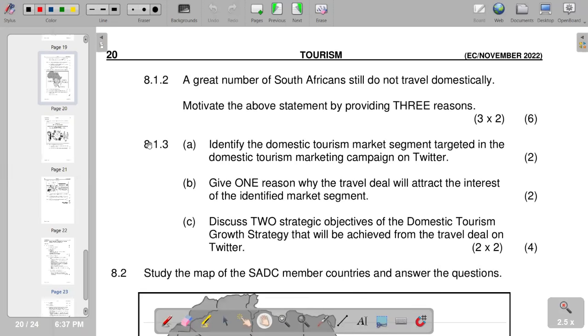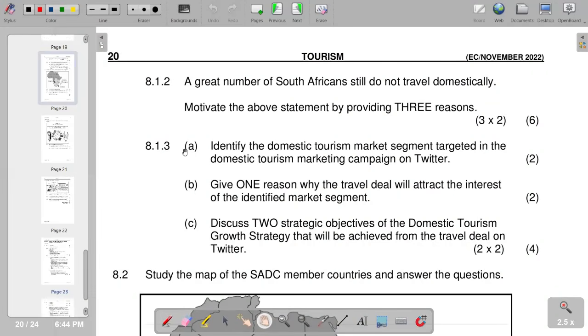On the B part now, it is give one reason why the... on 8.1.3 we identified the domestic tourism market segment targeted as the New Horizon families.